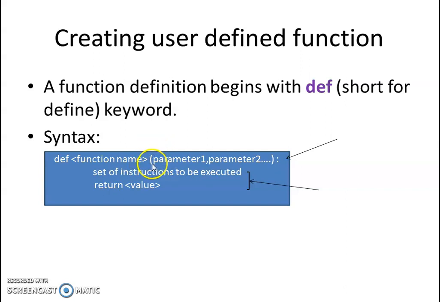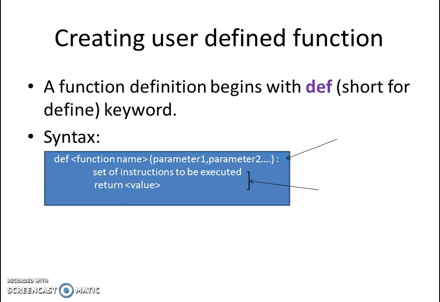Then inside parentheses we pass parameters. Then we put a colon and then we write the statements which we want to execute inside this function. Then we write return and the value we want to return from this function.